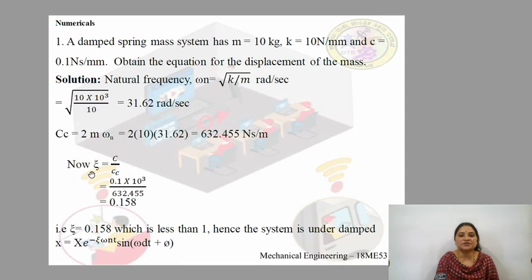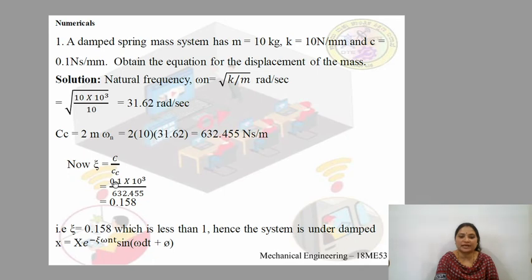According to the definition of logarithmic decrement and with the zeta value, zeta, or the damping factor, is defined as the ratio of damping coefficient to critical damping coefficient. The damping coefficient is given as 0.1 Newton second per millimeter.